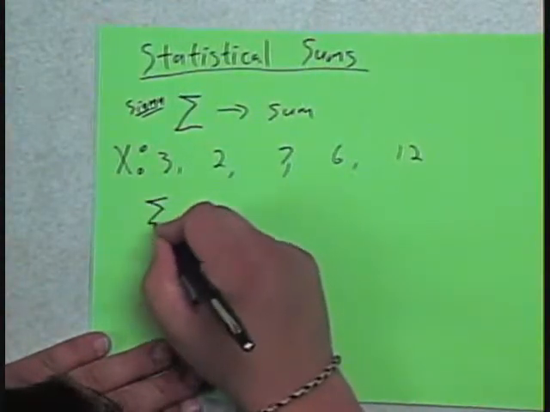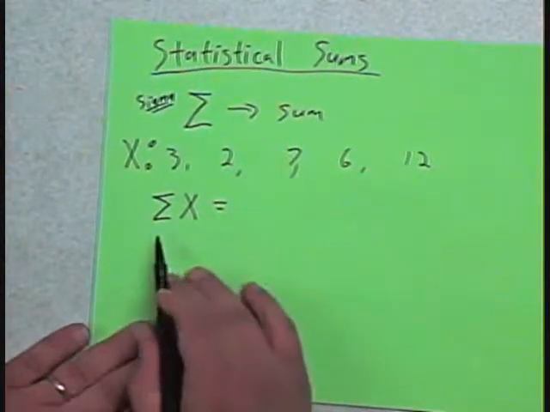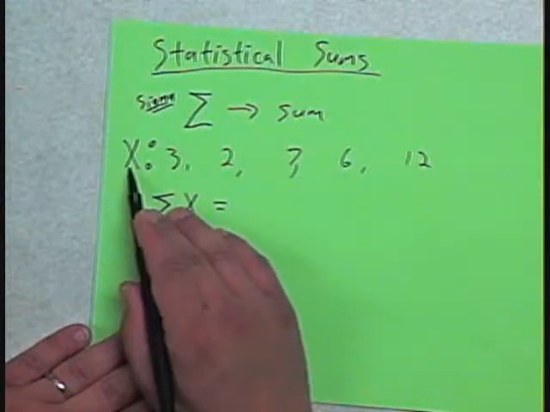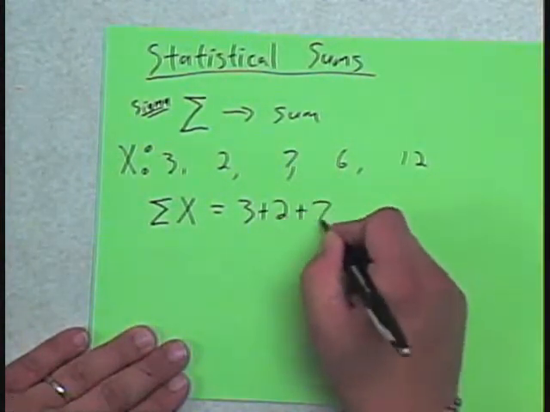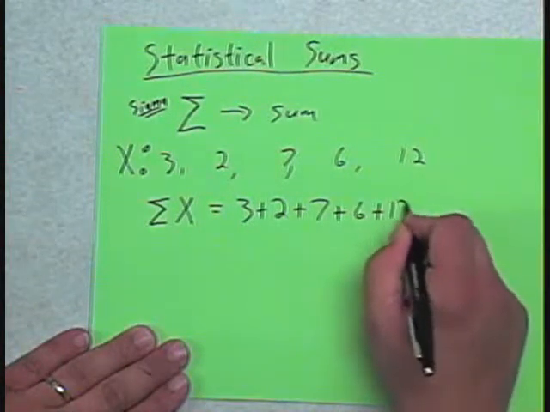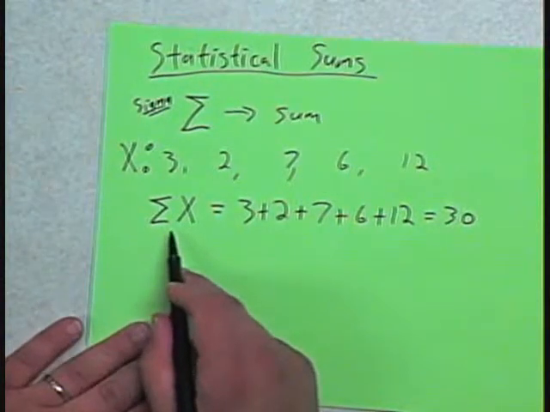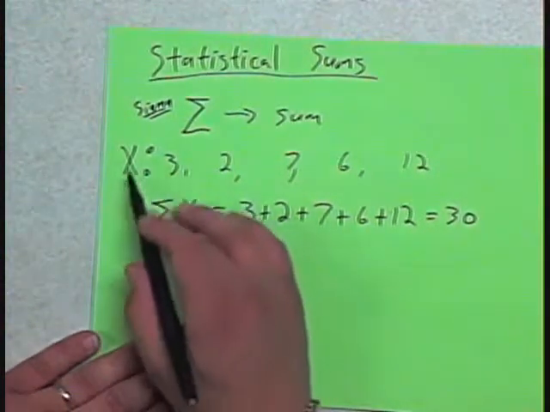It'll look like this, sum of X. This notation means add up the values in data set X. I'm going to add up those 5 values and I get 30. So this is just the sum of X: add up the values in whatever data set you're calling X.